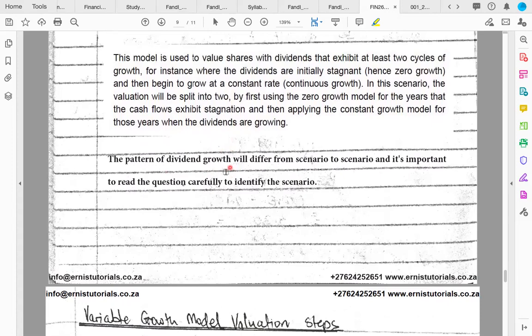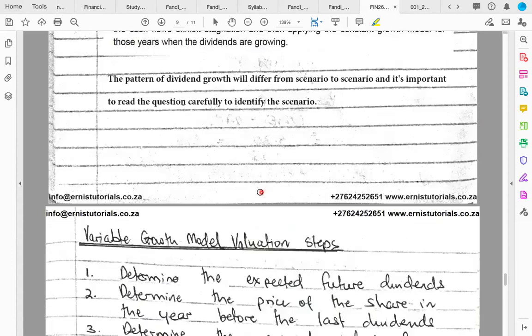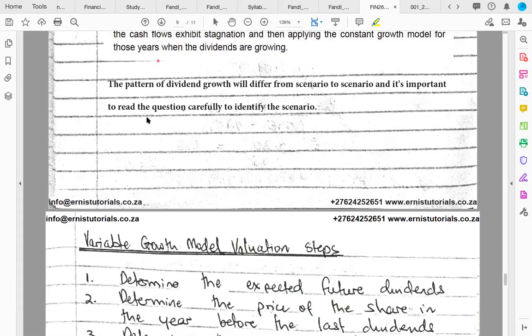So the pattern of dividend growth will differ from scenario to scenario, and it's important to read the question carefully to identify the scenario. So for example, this is just an example. You might be told that there'll be 5% growth for the first 2 years. Okay, let's say our current dividend maybe is 7 Rand. Then you might be told for the next 2 years, this 7 Rand dividend will grow by 5%.